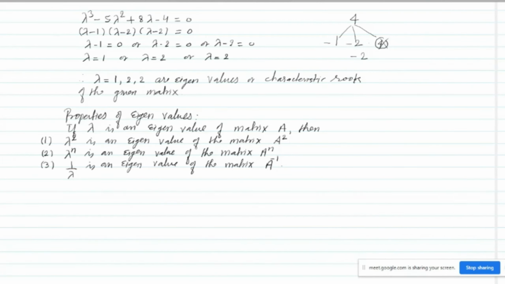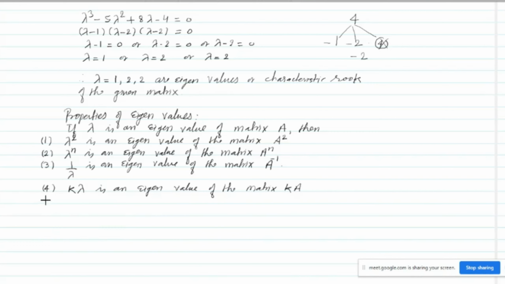And number four, k lambda is an eigenvalue of the matrix kA.